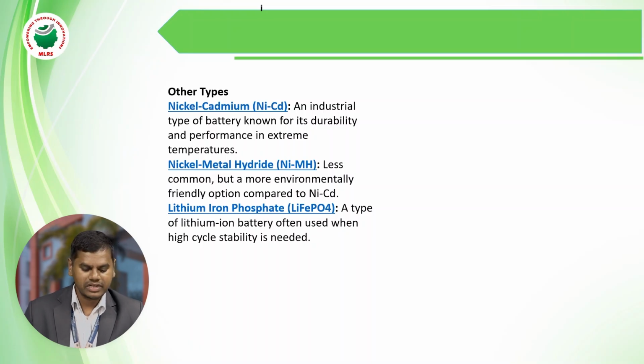Last one, lithium iron phosphate, with the chemical formula LiFePO4, a type of lithium ion battery often used when high cycle stability is needed. So the other types are nickel cadmium, nickel metal hydride and lithium iron phosphate.